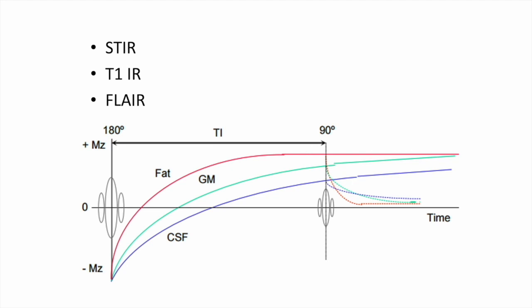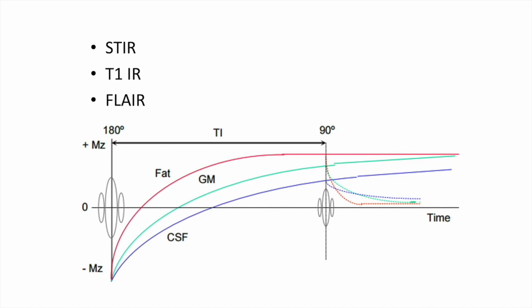This rate of regaining magnetization is a constant and is different for different tissues. So, if the 90-degree RF pulse is applied exactly at the point the magnetization of the proton of a tissue passes through zero, then no signal is produced from that tissue, resulting in its suppression.